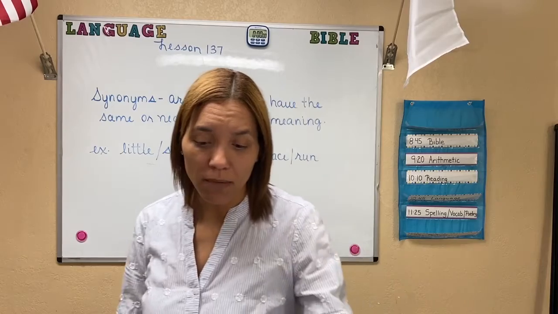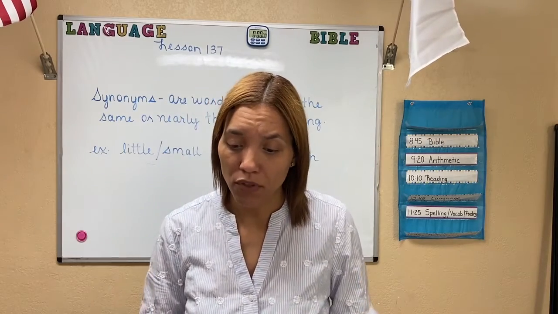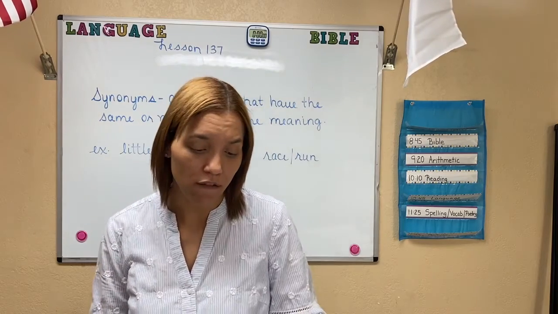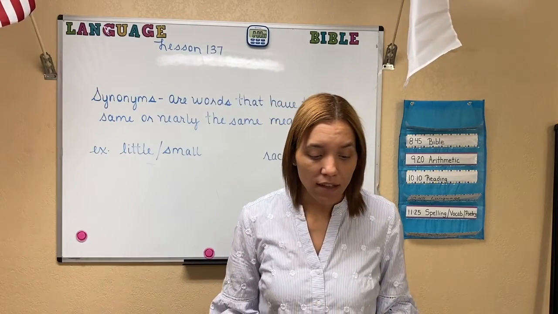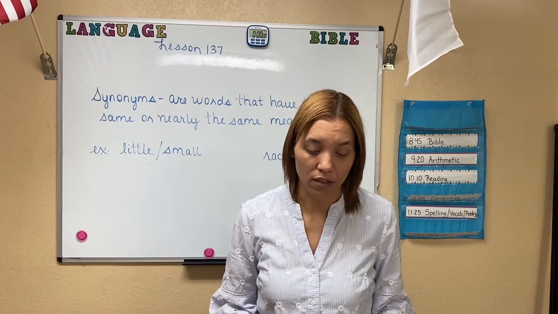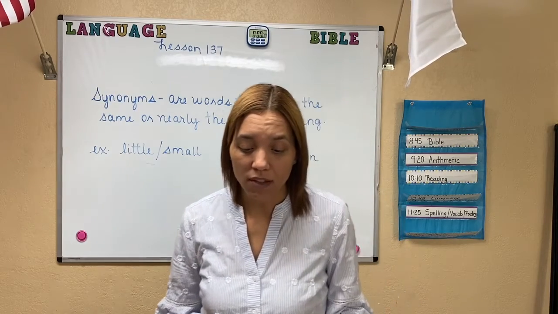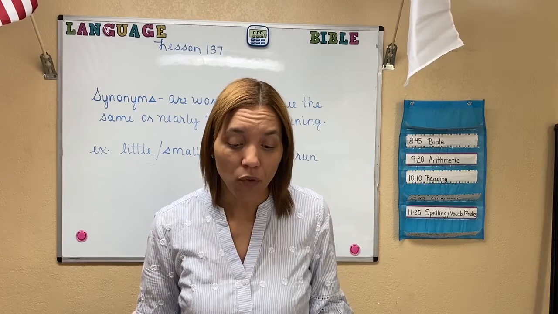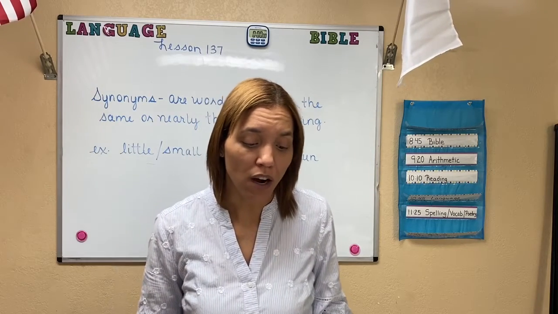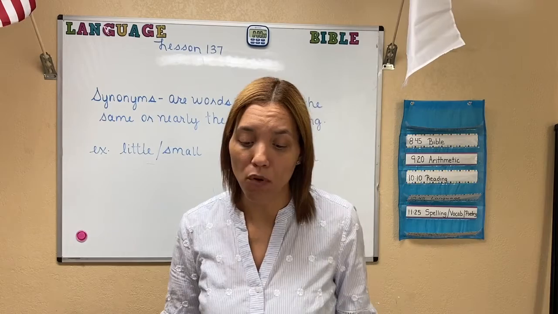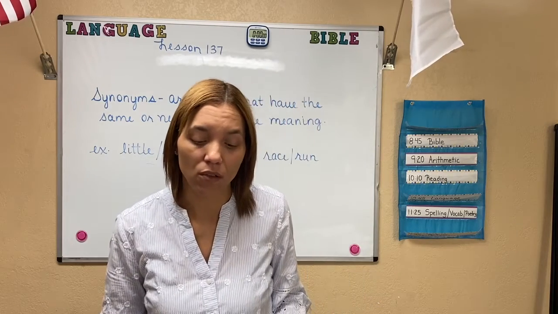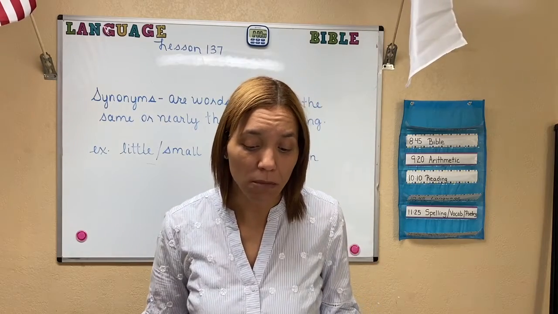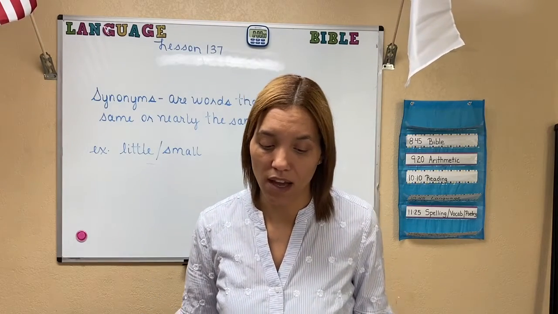If you get your papers, your worksheet, and we look at page 245, it says using the best words. So it says, because there are so many words to choose from in our language, good writers and speakers work hard to find the clearest and most interesting words to use. Readers and listeners appreciate words that help them understand and see things exactly.